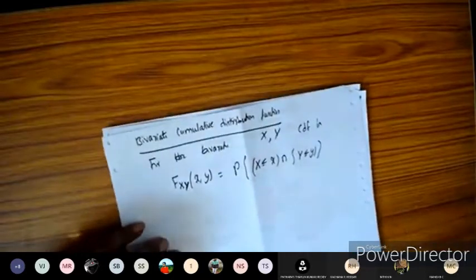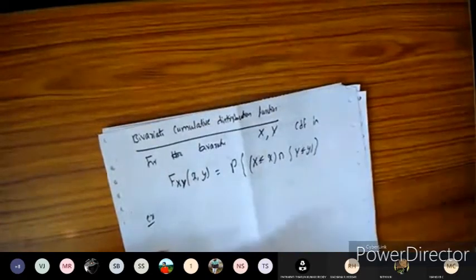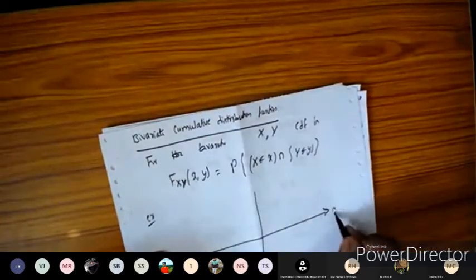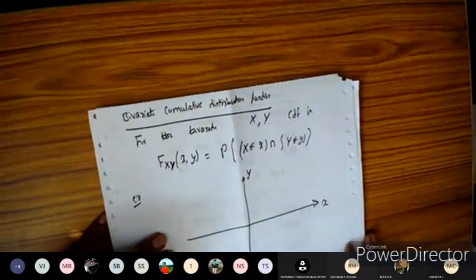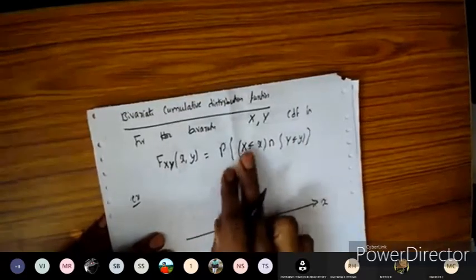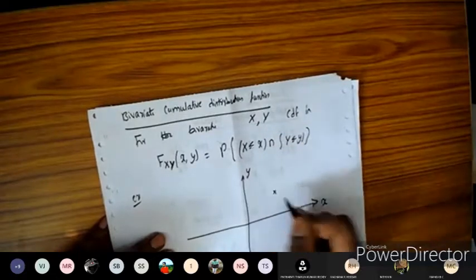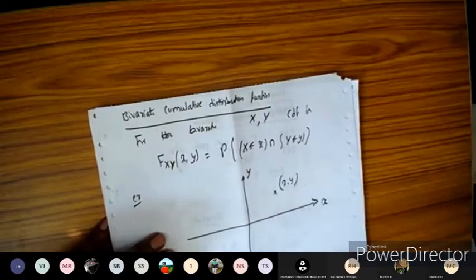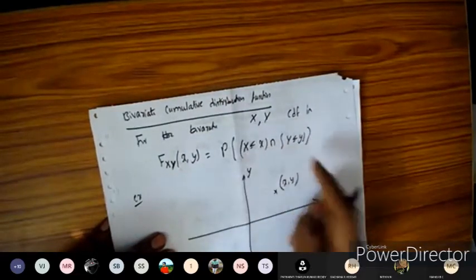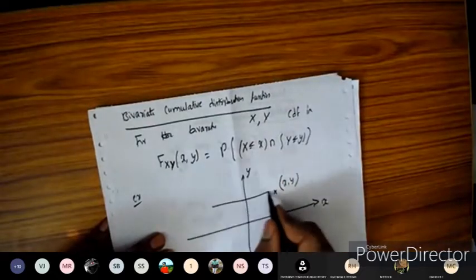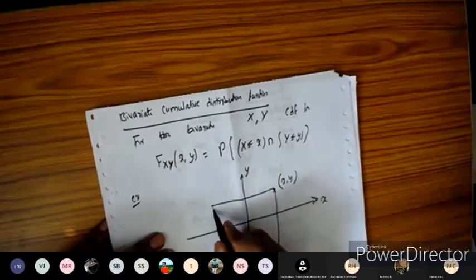To give an example, X and Y are random variables, and we can consider them as two points on the xy plane. This is the probability that X takes a value less than x and Y takes a value less than y. I mark one point with the values x and y. Since it is a probability, the bivariate CDF takes values less than x and y.